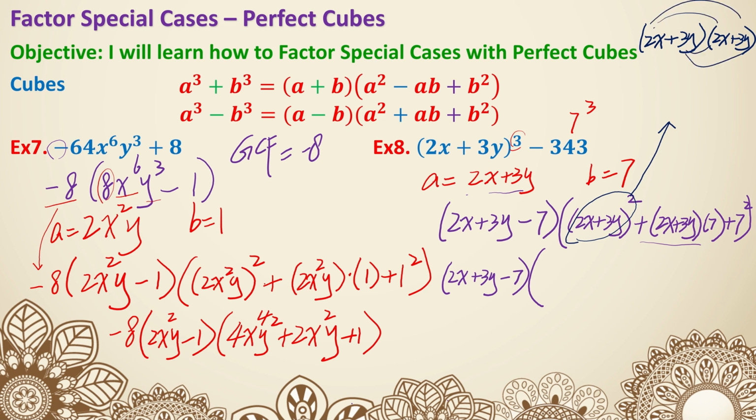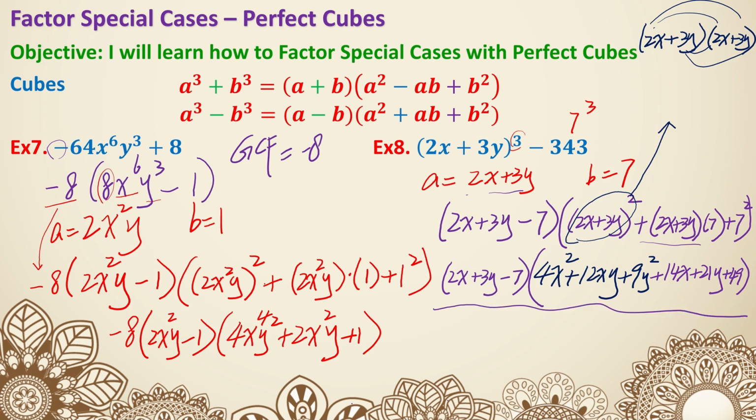Either way, it is going to end up being a 4x squared plus 12xy and then plus a 9y squared. And we still have the extra. 2x times the 7 is a 14x. 3y times the 7 is a 21y. And then another 49 in the end. And there's not exactly any term we can combine, so this is the final answer. And that is example 8.